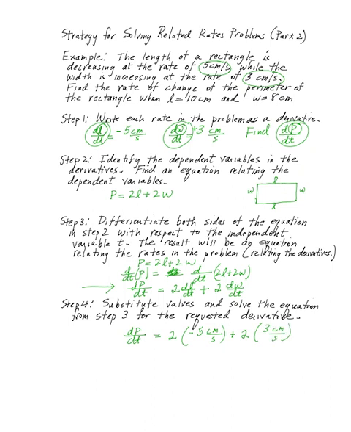I'm just substituting the known values into this equation that resulted from step 3. So my answer, the rate of change of the perimeter with respect to time, is negative 10 plus 6, so that's negative 4 centimeters per second.